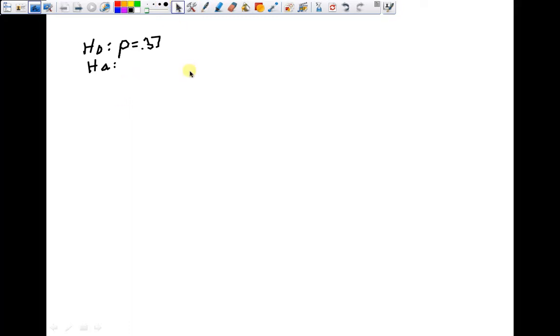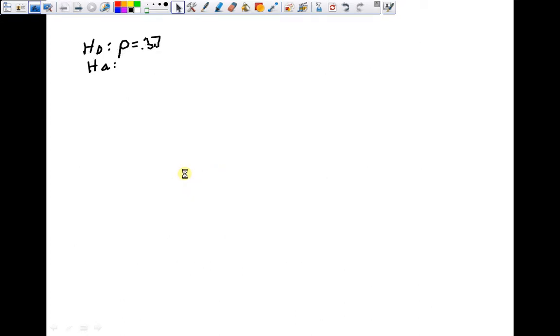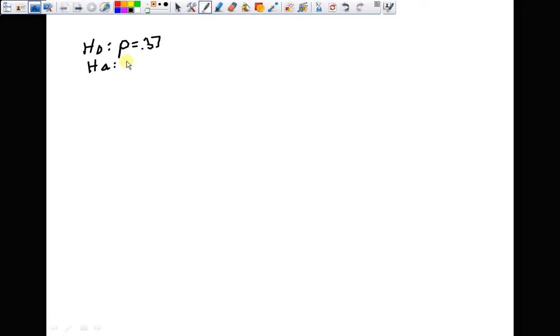Let me make sure we didn't say that. Okay. Yeah, it just says claim against this value. So it doesn't say that we think that it's actually lower than 0.37 or greater than 0.37. We're just trying to get evidence that it's not 0.37.